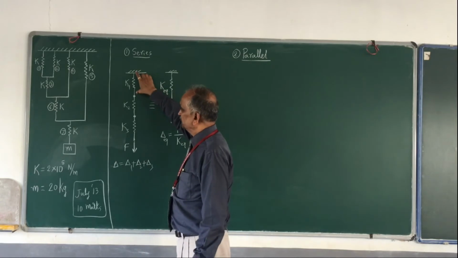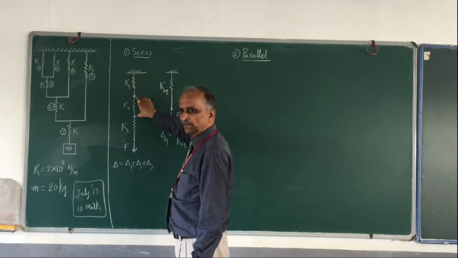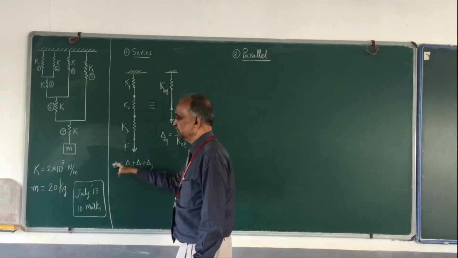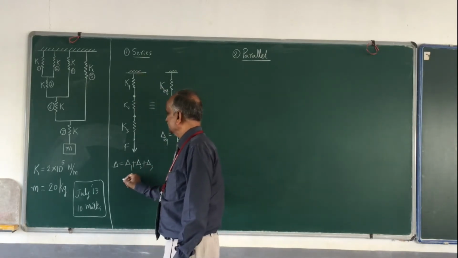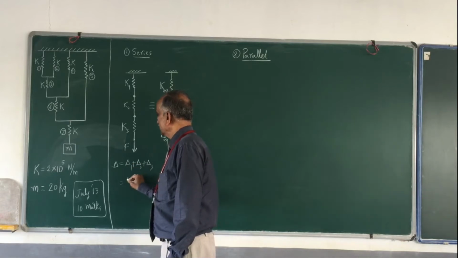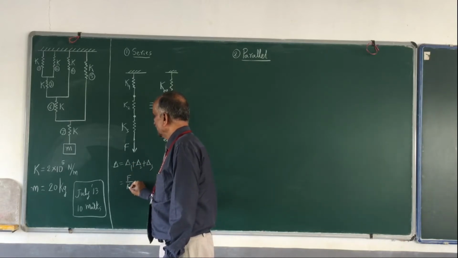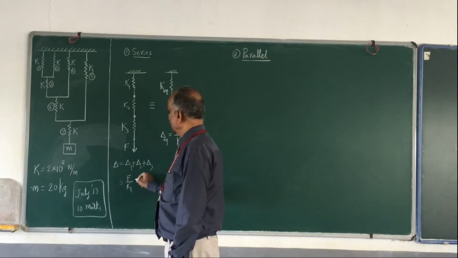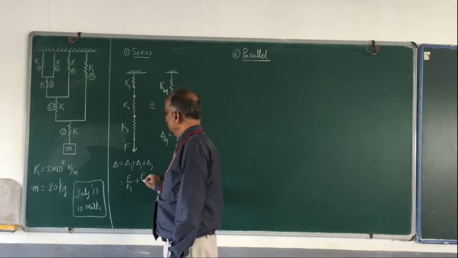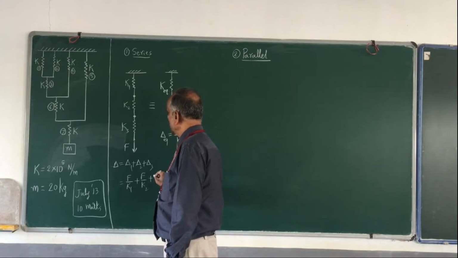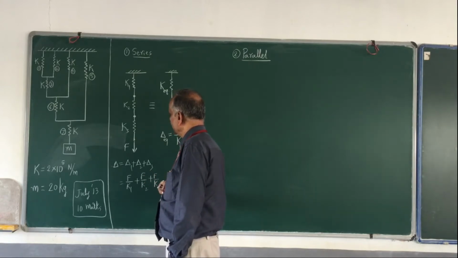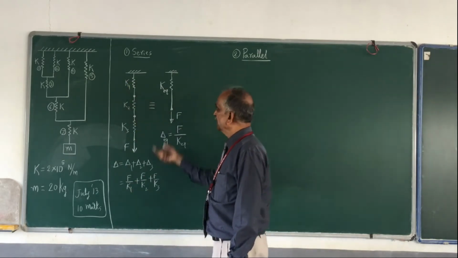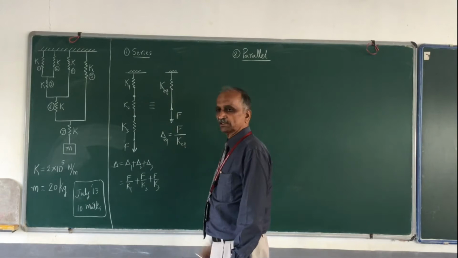The extension of this spring plus the extension of this spring plus the extension of this spring is the total extension. That's what I have written. What is delta 1? This is nothing but F divided by K1, because this spring is also subjected to F, plus F divided by K2 plus F divided by K3. This is the total extension of the spring, and this is the extension of this system.